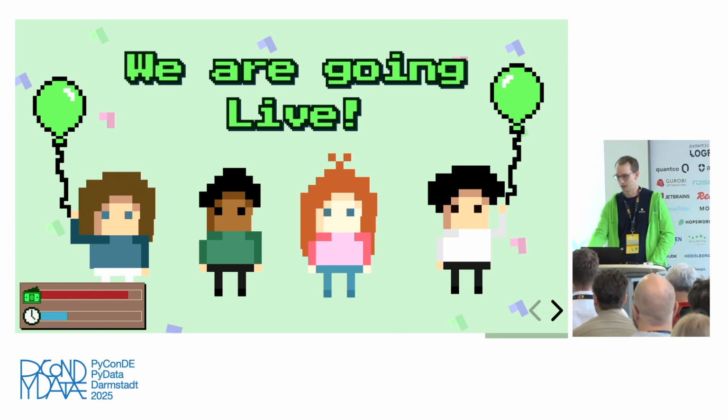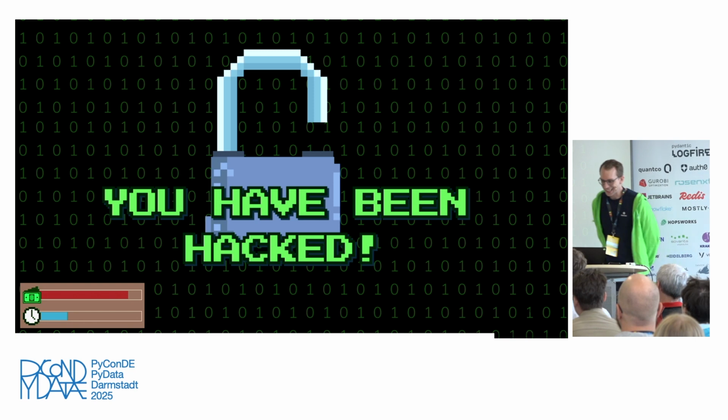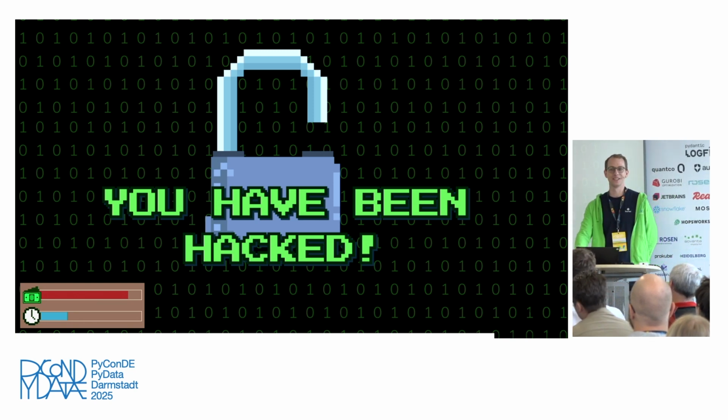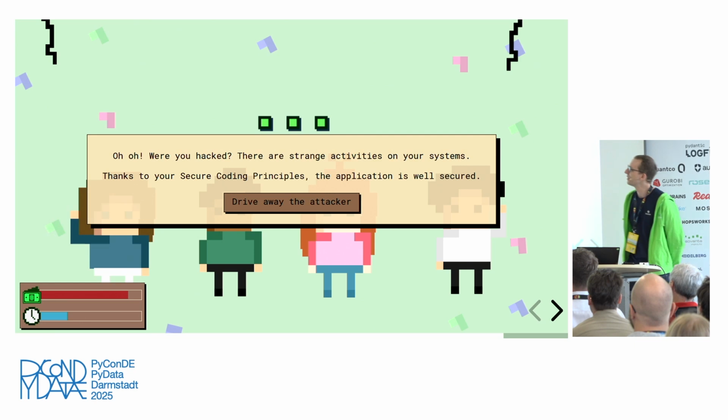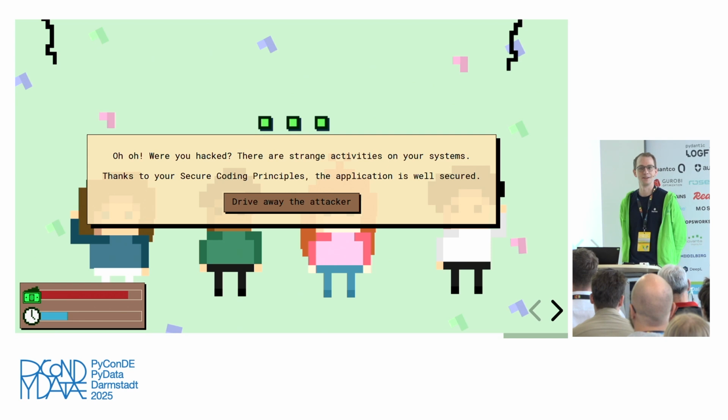Everyone is happy. But then, oh no. In the night, there are some suspicious activities on your system, and you have a look at the logs, but thanks to your secure coding principles, everything was secured very well.